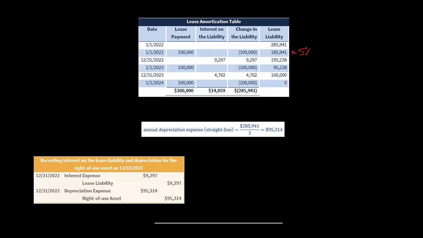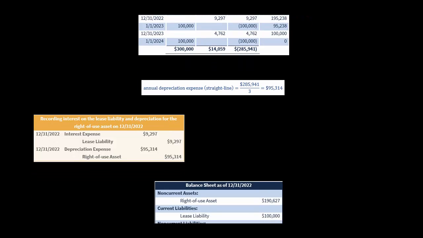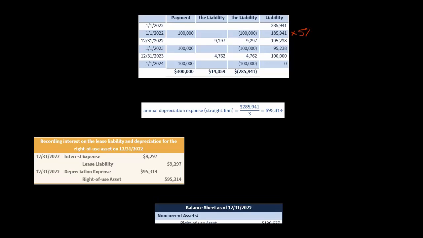And so basically, as we calculate that interest expense, and by the way, if you're curious what the next one would be, that would be this times 5%. 5% times 95,238 is going to be $4,762. Just want to make sure I didn't gloss over that. In any event, it's going down because of the lease liability.